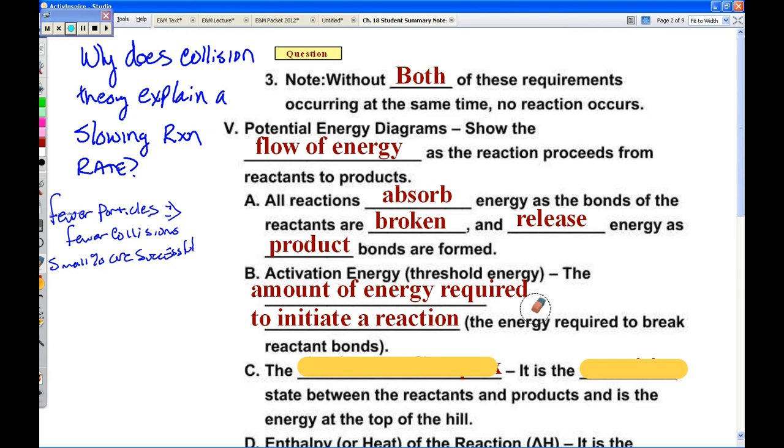That is the activation energy. There has to be a certain amount of energy. It's like climbing over a hill. If you're trying to get to the other side of the hill, you've got to climb the hill, and then once you're over the top, it flows easily down to the other side.